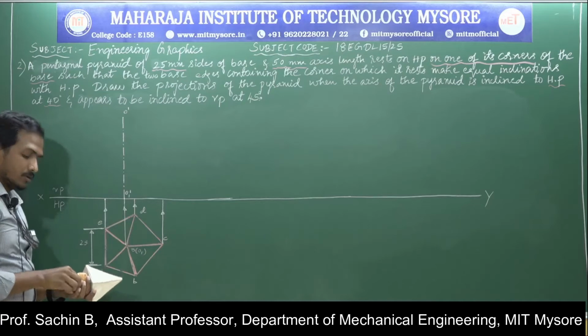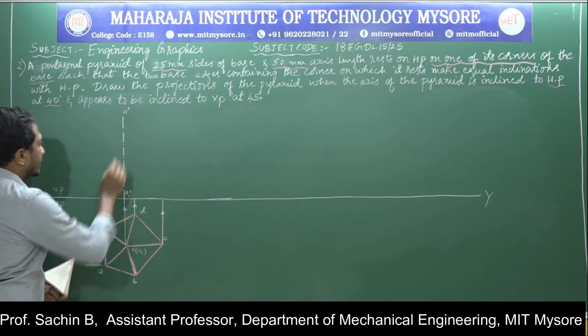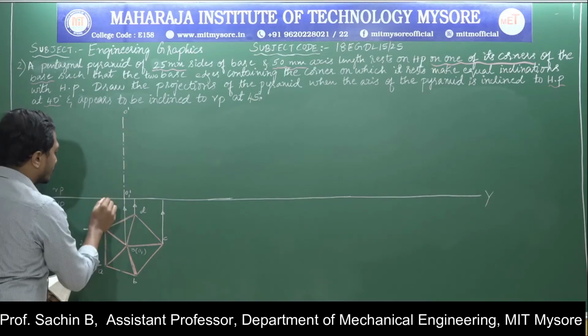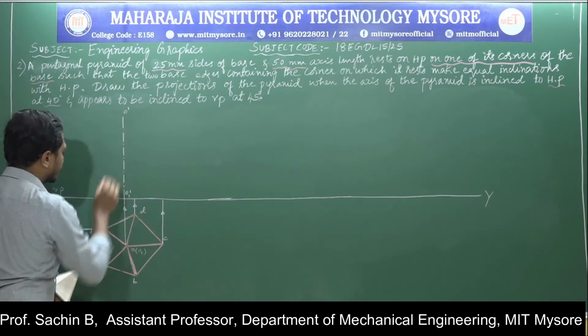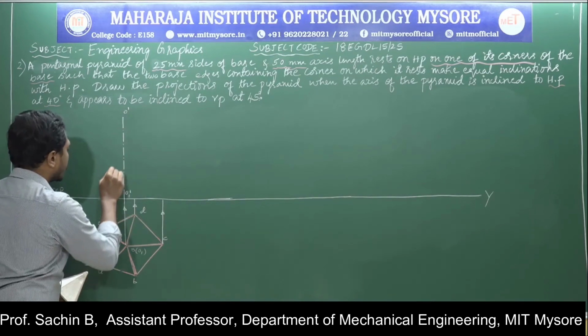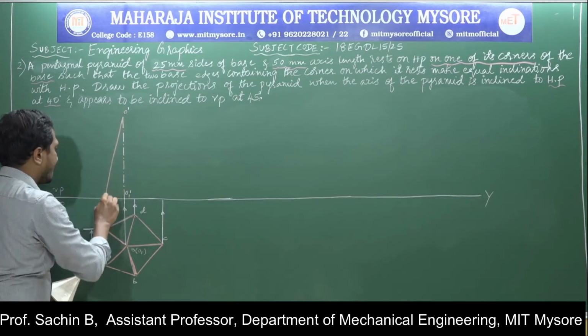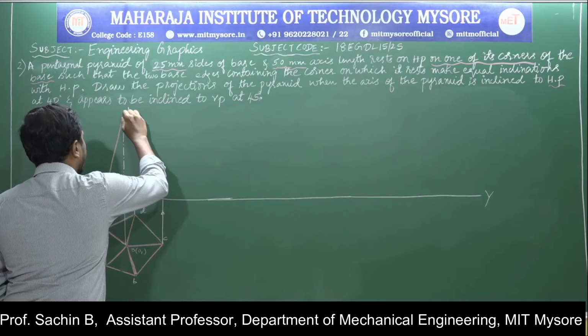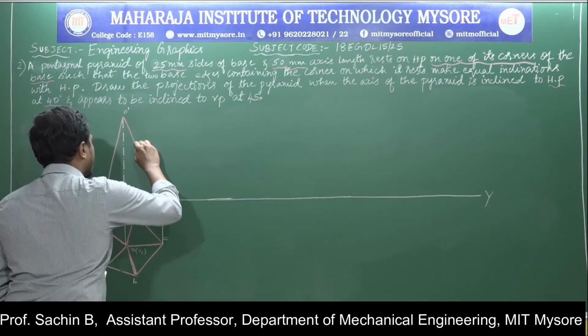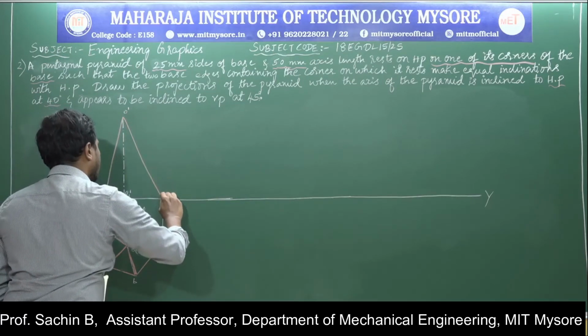From there we should connect all the slant edges that are clearly visible for us in the front view. Next, I will go for connecting from O dash to C dash.